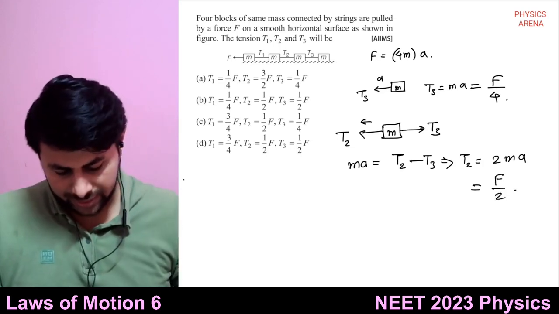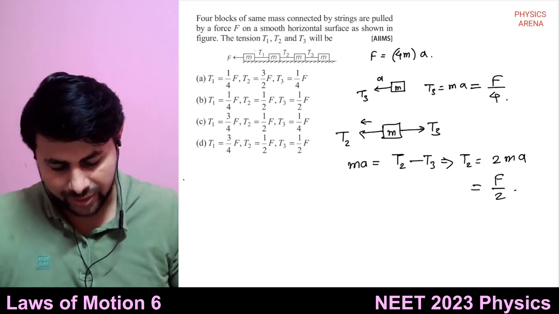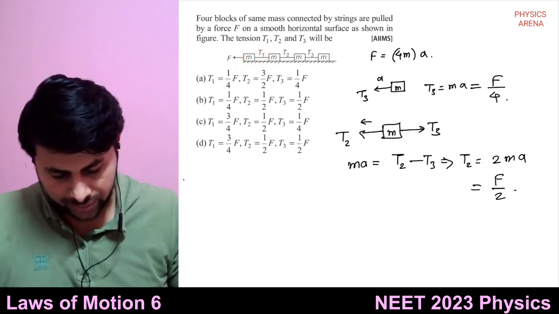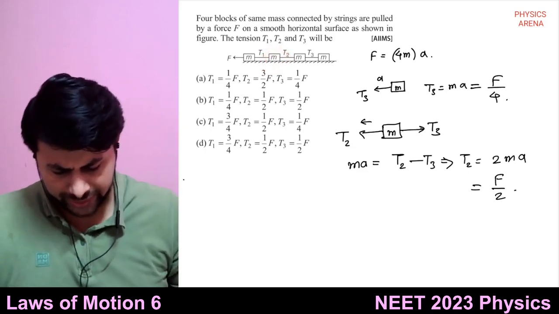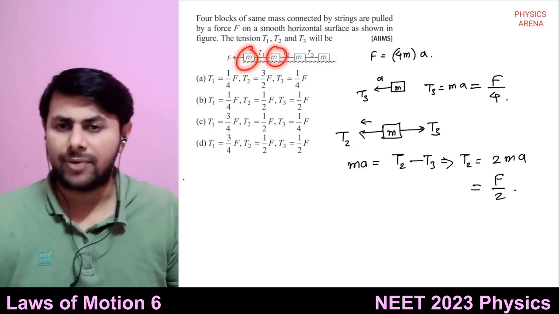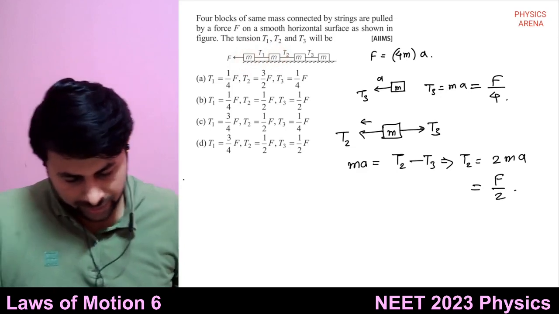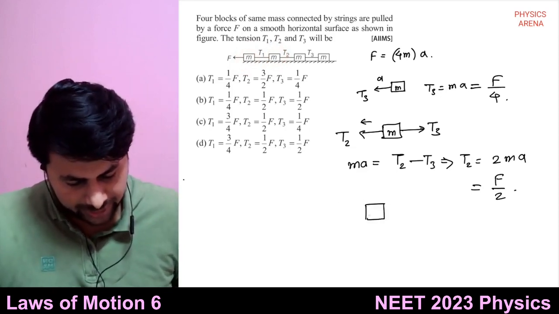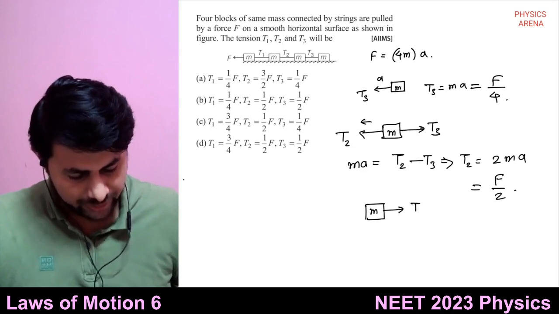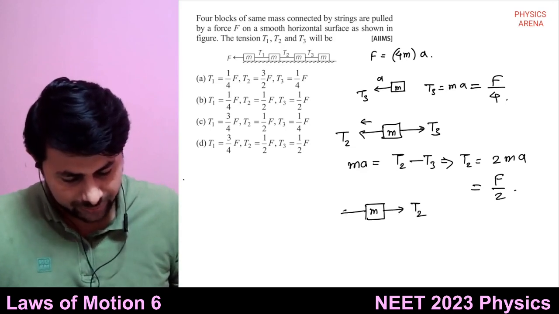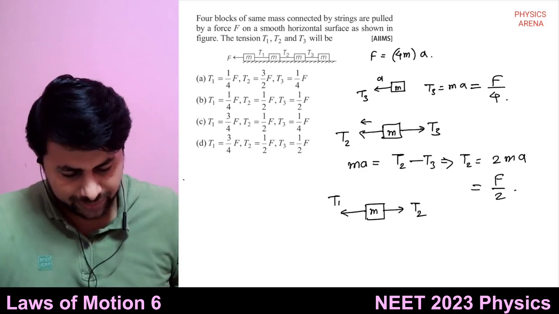And similarly, you can find out T1. For this mass, or you can take this mass or this mass to find out T1. If you take this mass, the force acting on it towards right is T2, force towards left is T1.